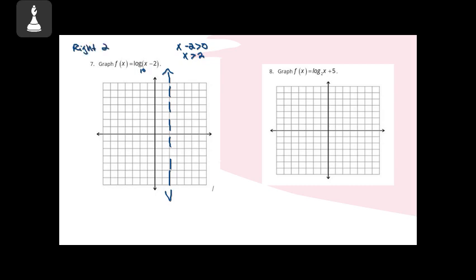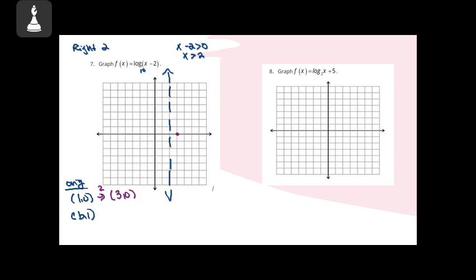The original graph always goes through (1, 0) and (b, 1). So for ours, we need to transform those over. Instead of starting at (1, 0), we shift right 2, which means we start at (3, 0).